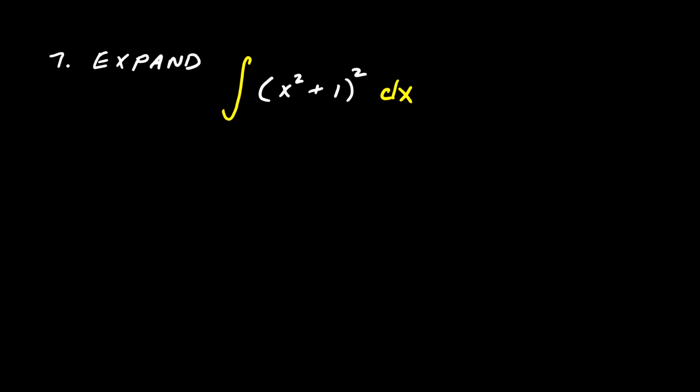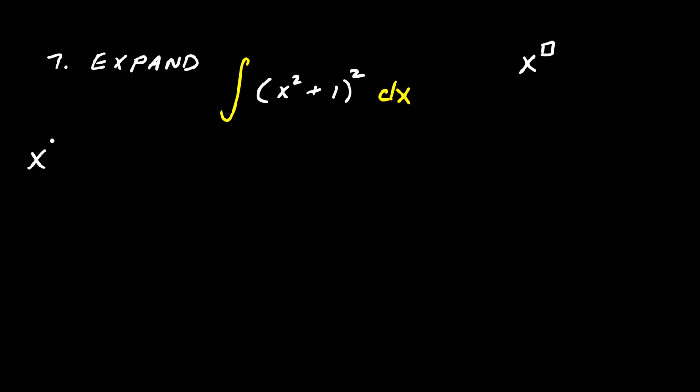Next up is the idea of expanding. We can't just apply the power rule here because, again, we still need the form of x to a power, and we have parentheses holding us back. So we'll need to expand this, and we should know that (x squared plus 1) squared is simply x to the 4th plus 2x squared plus 1. Now it's easy.